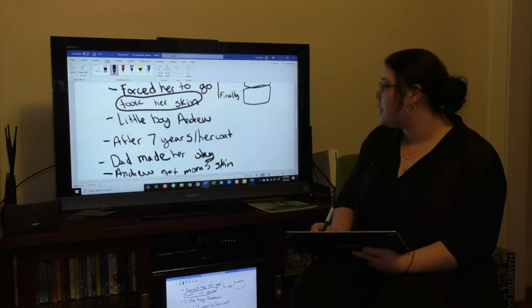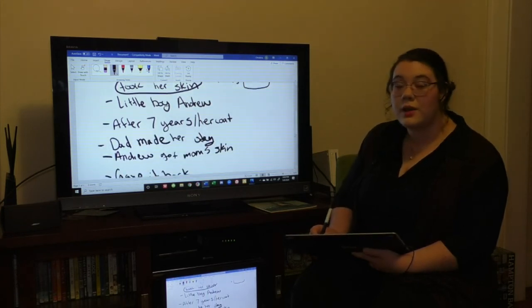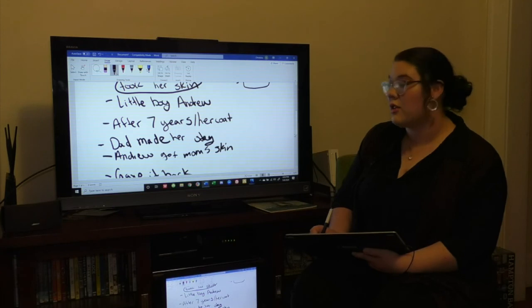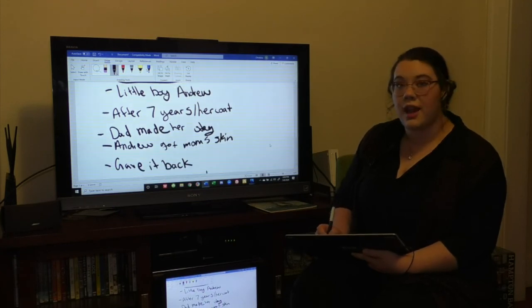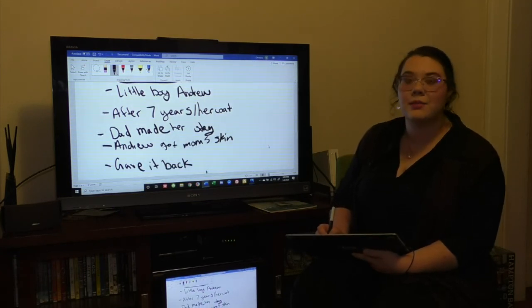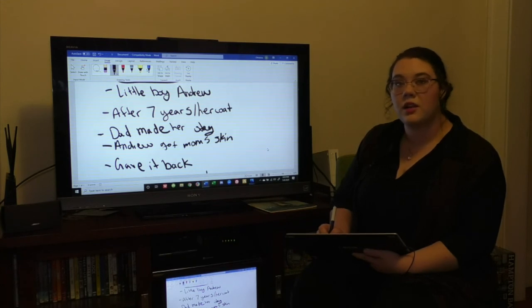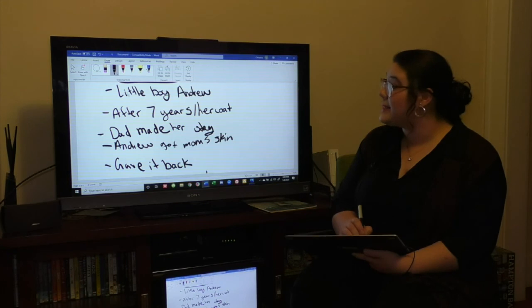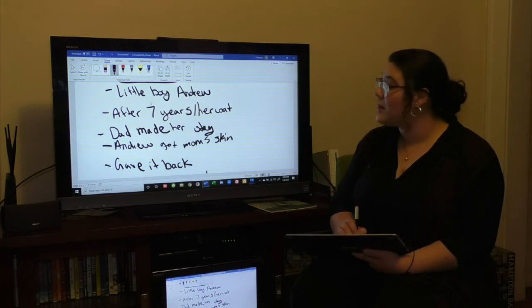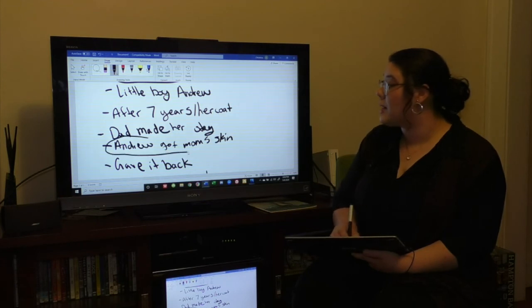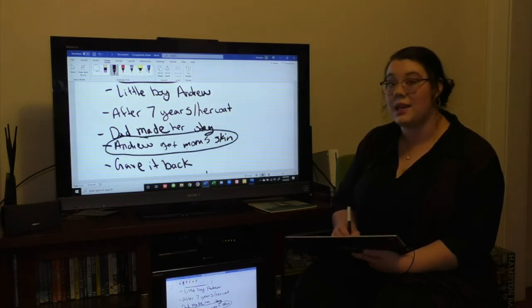Okay. What about Andrew? Where does Andrew come into the story? What happens that makes him really important in the story? He finds his mom's skin, huh? Yep, when his dad didn't want to give that skin back, Andrew found it. So Andrew getting his mom's skin, that's a big idea, isn't it?